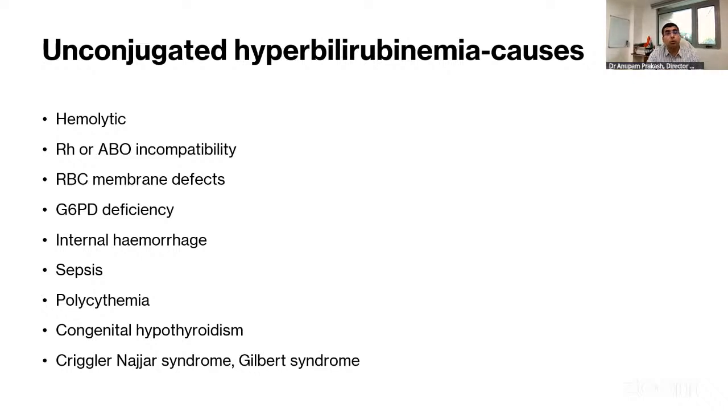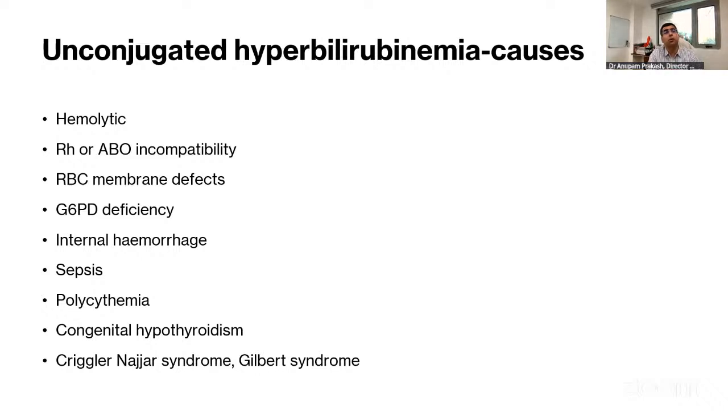And mind you, conjugated hyperbilirubinemia does not accompany unconjugated hyperbilirubinemia in cases where purely the lesion is hemolysis. If you have both components, you say conjugated hyperbilirubinemia if it is more than 50%. So those both things will not occur together. There may be some hemolysis in chronic liver disease wherein you will have conjugated hyperbilirubinemia and a small amount of unconjugated hyperbilirubinemia.